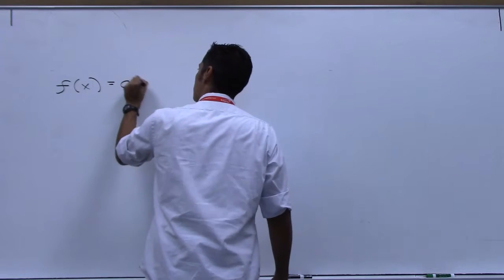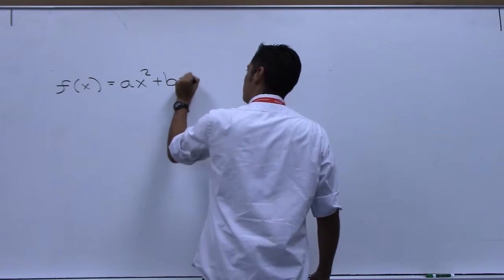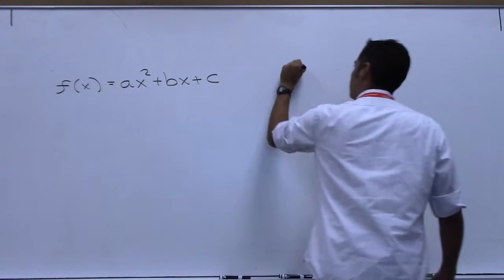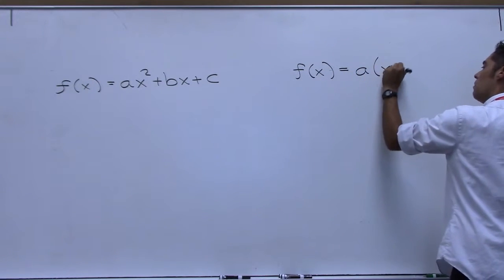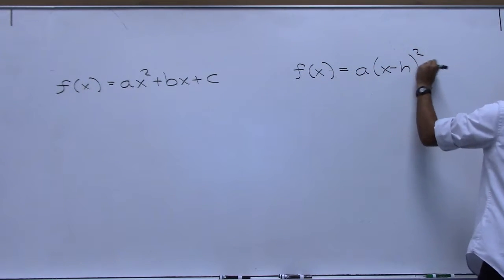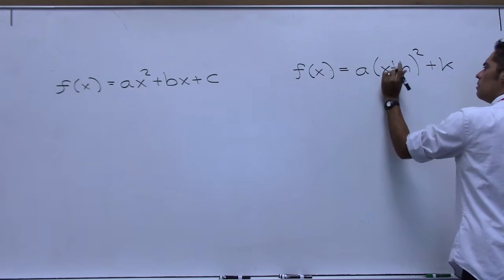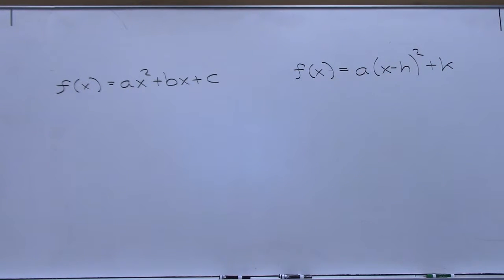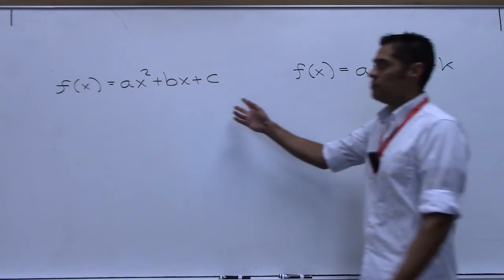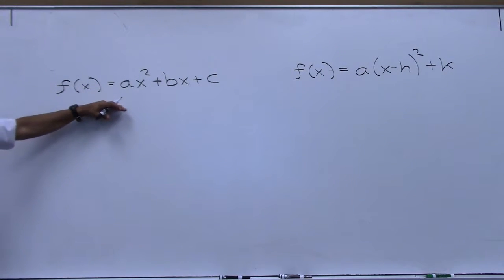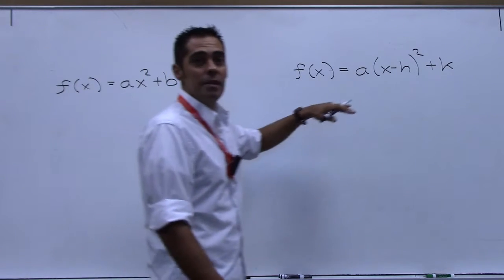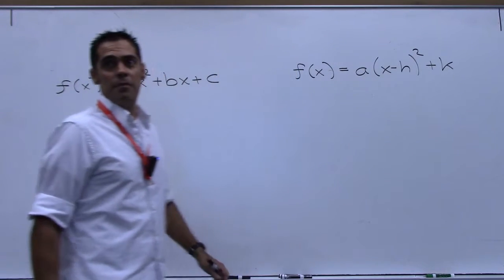All quadratic functions can be written this way or this way. This form here we call the what form? Expanded form. This one is called the standard form.